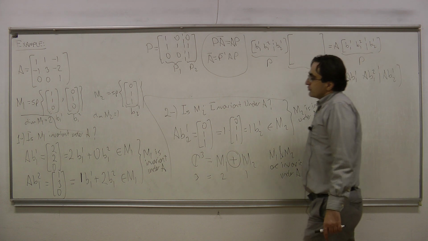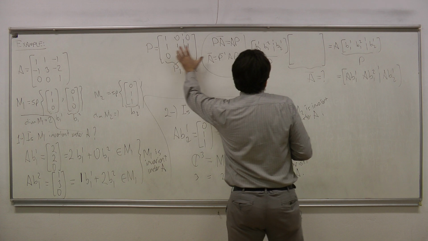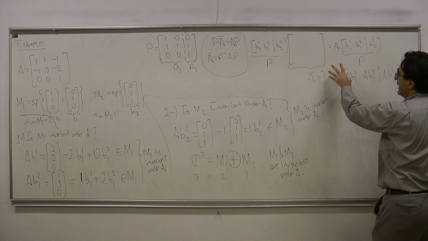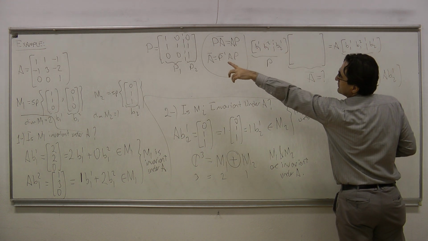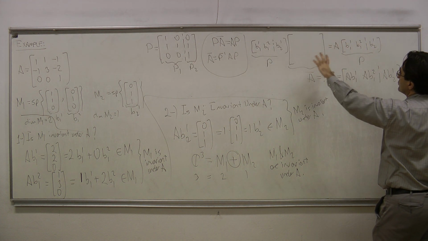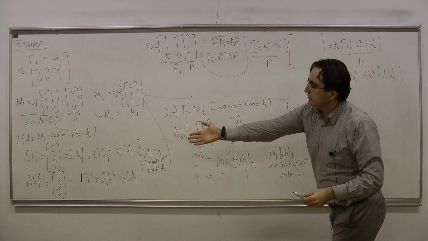Here, I have selected this P, but I have used B11, B12 here. Why did I do that? Instead, I could have written those actual P values here and made the same calculations, but we have already done those calculations.